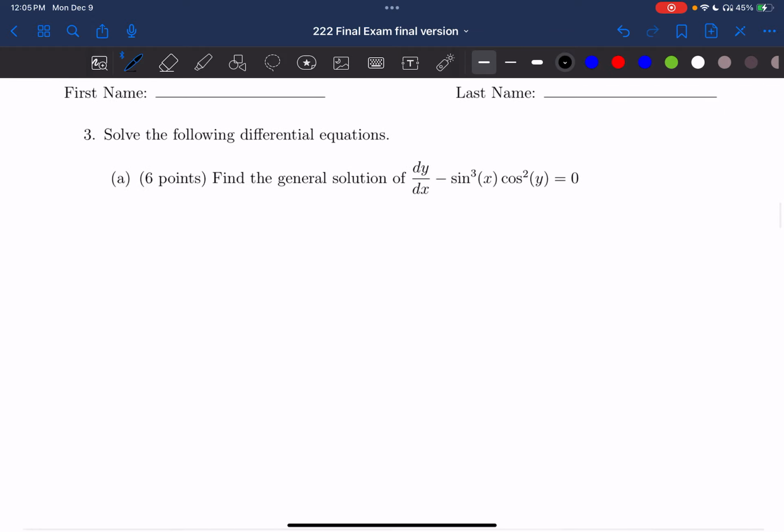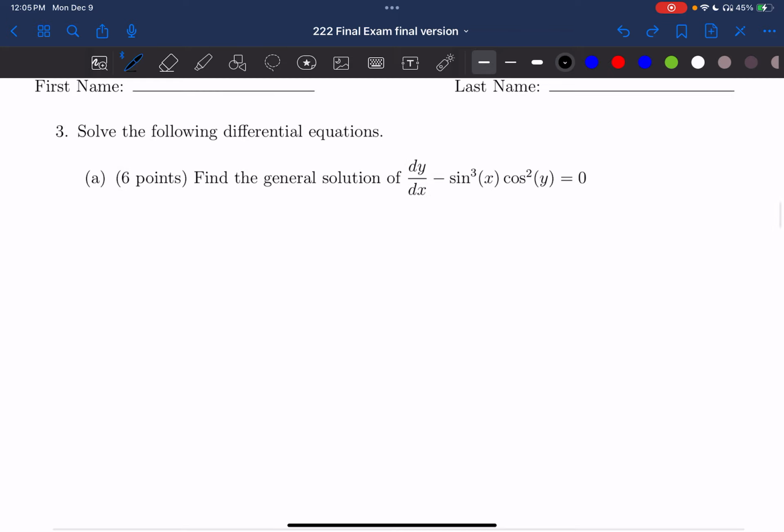Solve the following differential equation. Here, the first thing we should do is add this on the other side. So we'll end up with dy over dx will be equal to sine to the third power x cosine squared y.